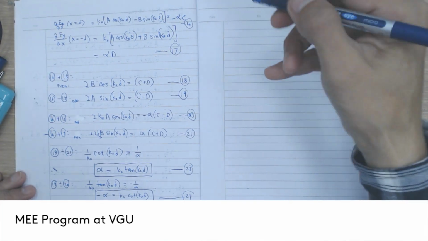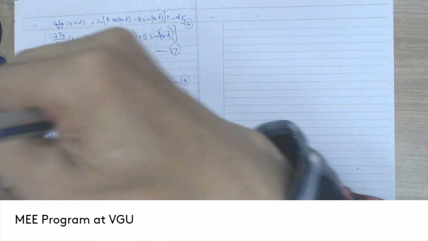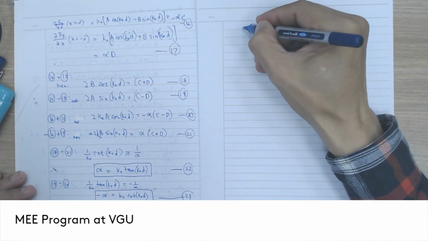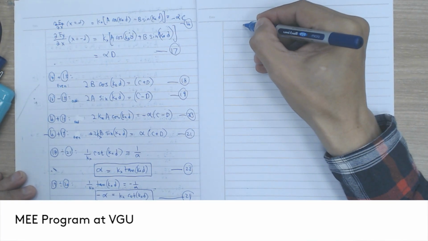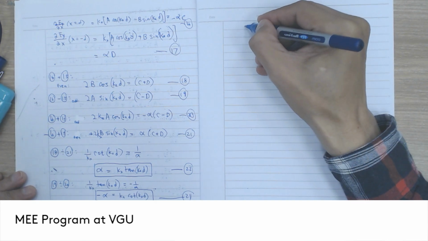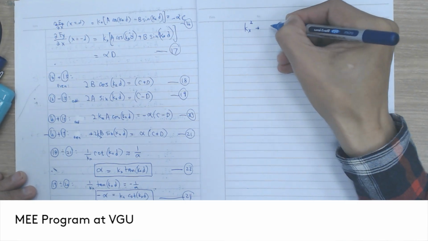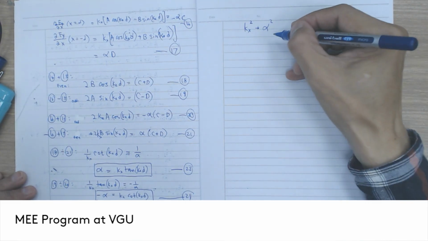Yeah, let's write one more equation. The other equation is kx squared plus alpha squared. And let's see what we can do.